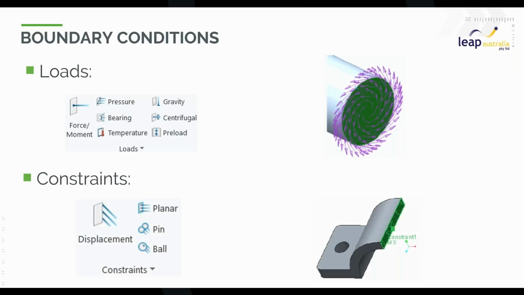And for the constraints as well, you have all these options. One highlight would be the symmetric constraint, where you essentially cut down your computation time and get the results much faster. If you have a symmetric model, you can just cut it down and use those constraints.